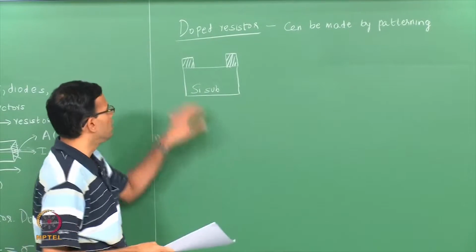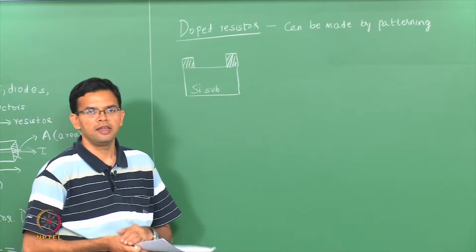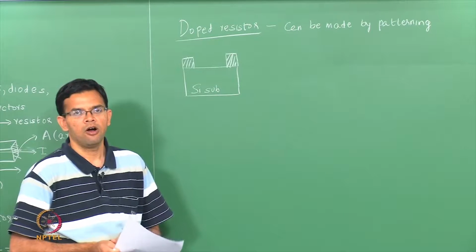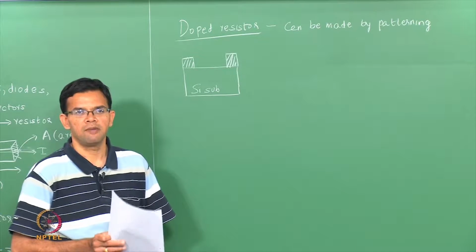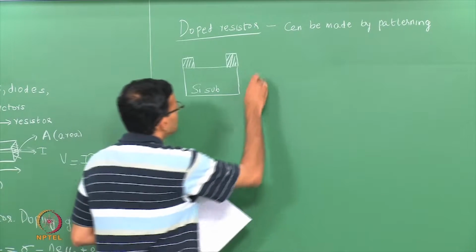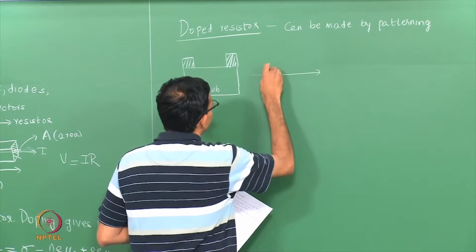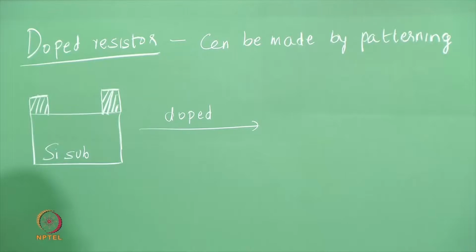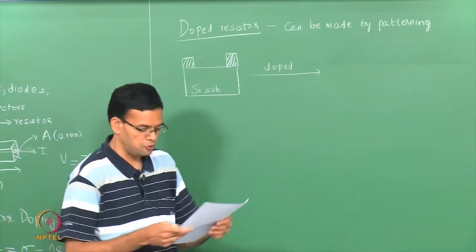So, this region which blocks can either be a hard mask, for example, it could be an oxide layer, or it could be a soft mask, for example, it could be a spun on layer of photoresist. So, this can then be doped, and we have seen different ways of doping. So, we have seen you could dope by thermal diffusion, you could also dope by ion implantation, and the method you dope will actually determine what kind of mask you use.